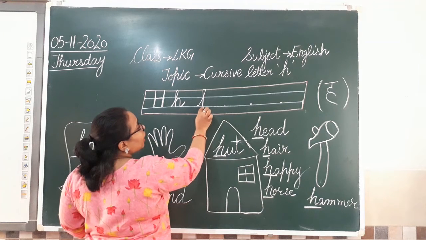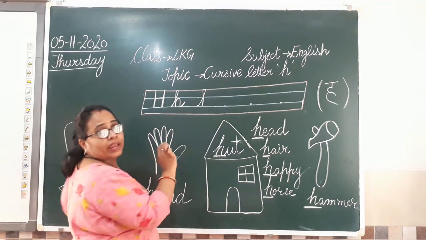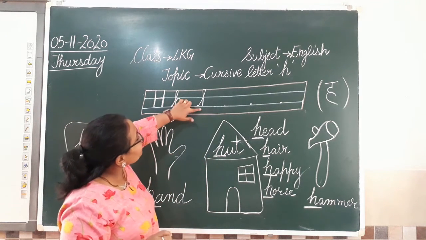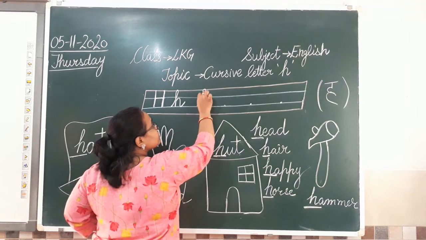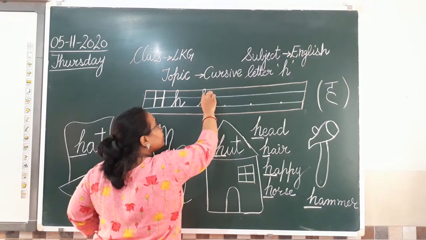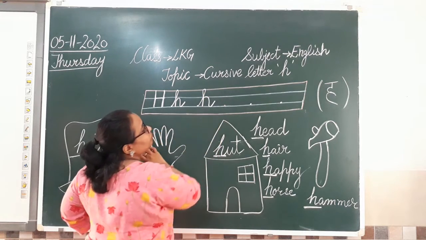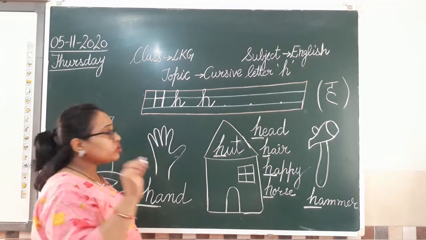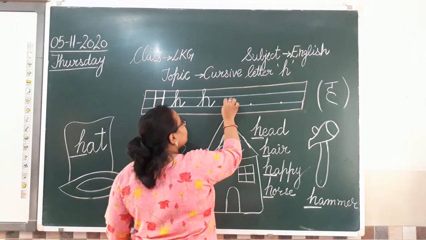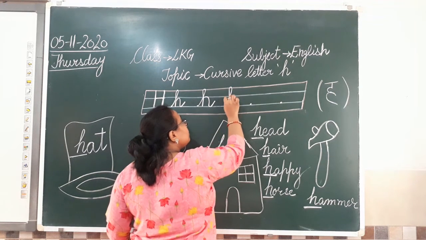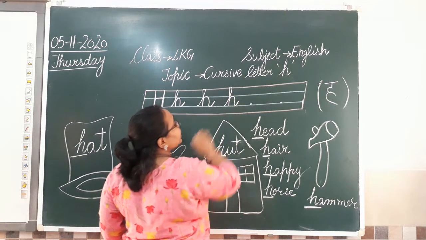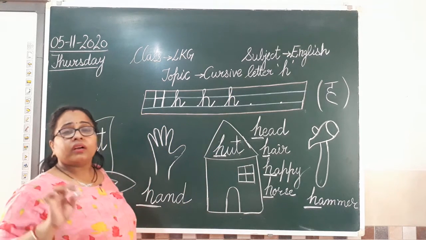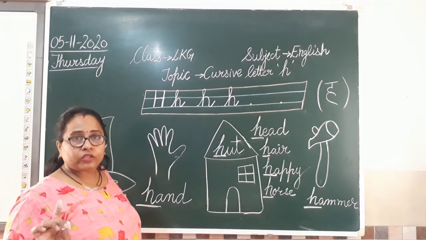After coming down, you have to go again over the same line up to the first blue line above. How? Like this, again, and from here like this and make a turn. Understood? See here once again. Come down, go up and like this. So this is your cursive alphabet H.